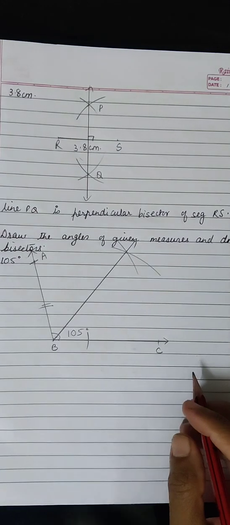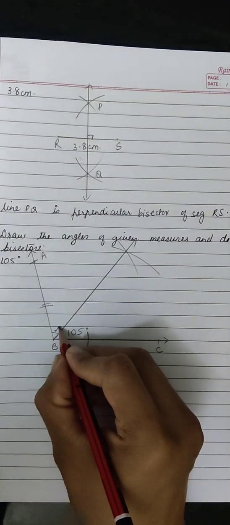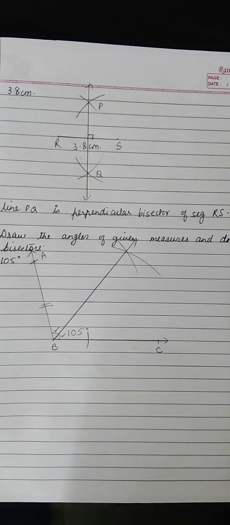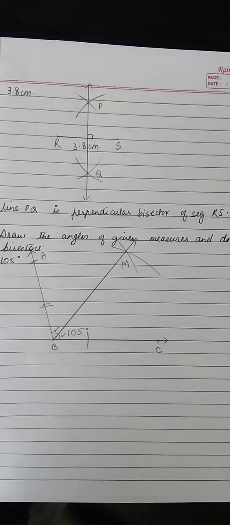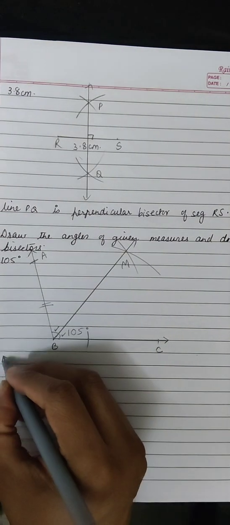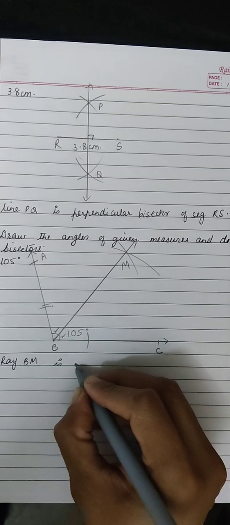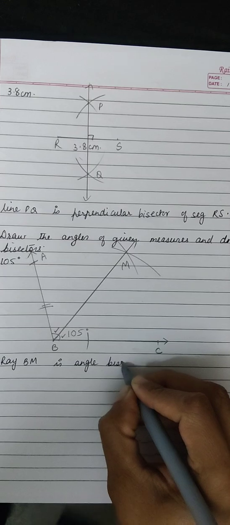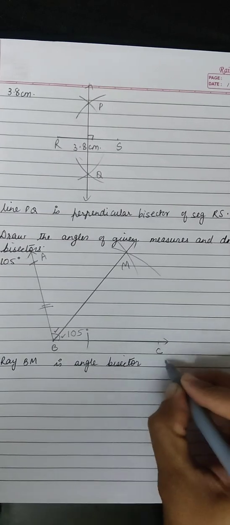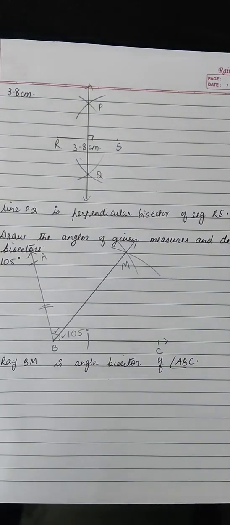So this is my bisector. So this angle will be equal to this angle. I can name it as M. So what will I say? Ray BM is angle bisector of angle ABC.